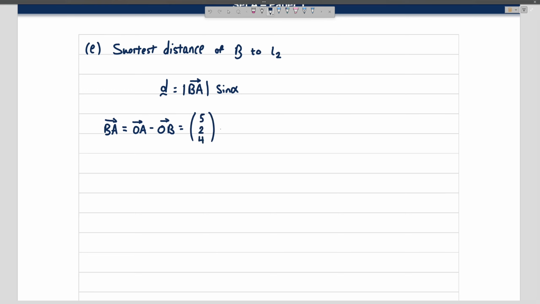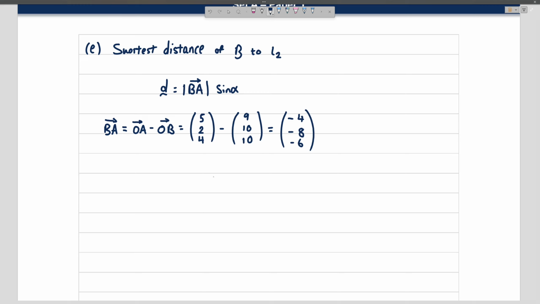So 5, 2, 4 minus the vector OB, which is 9, 10, 10. Okay. If we evaluate this here, what do we get then? So we get minus 4, minus 8, then 4 minus 10, giving us minus 6 here. So the vector BA is minus 4, minus 8, minus 6.